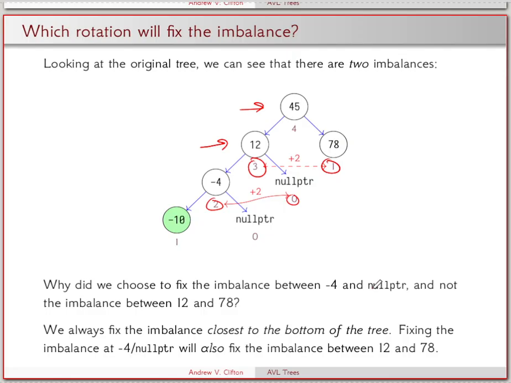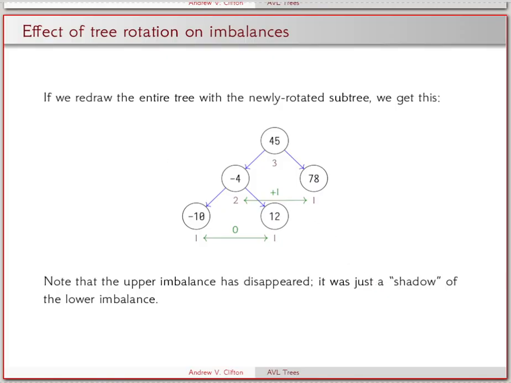If we draw the new tree after that rotation, there is no longer an upper imbalance in the tree. It's gone from being a +2 to just being a +1. So whenever you are working with AVL trees, you always fix the imbalance that's closest to the bottom of the tree. There may look like there's other imbalances, but they're not real. They're just shadows of the lower imbalance.